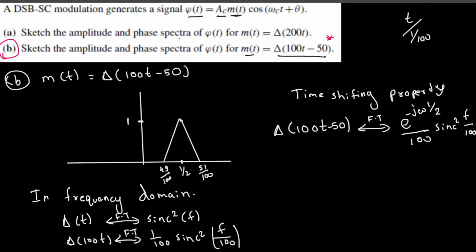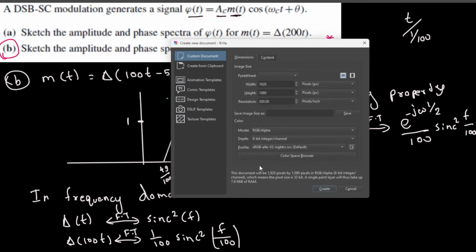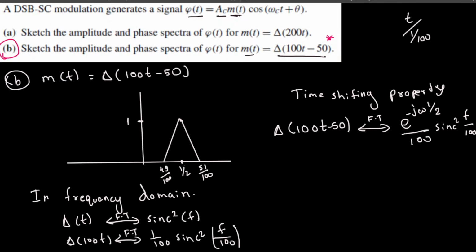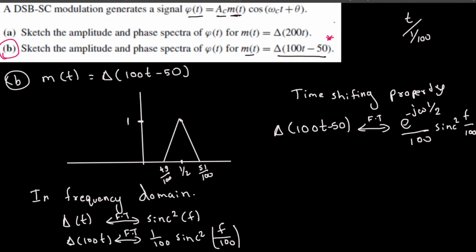Now we have to plug it into this equation, the signal given to us. Let's do that on the next page. Let's note down the signal given to us, that is phi of t. And now we have the M of f.